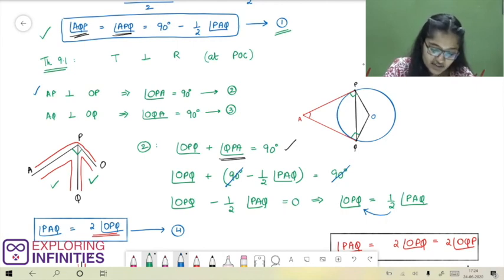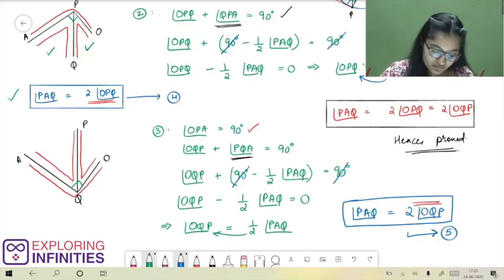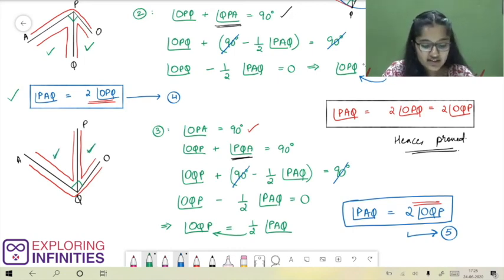On substituting this in equation 2, we have obtained equation 4, which says angle PAQ is equal to 2 times of angle OPQ. Similarly, angle OQA can be expressed as the sum of angle OQP and angle AQP. And on substituting this in equation 3, we have obtained our equation 5, which says angle PAQ is equal to 2 times of angle OQP.